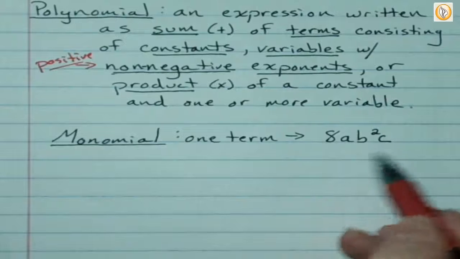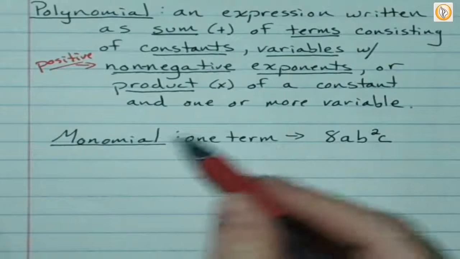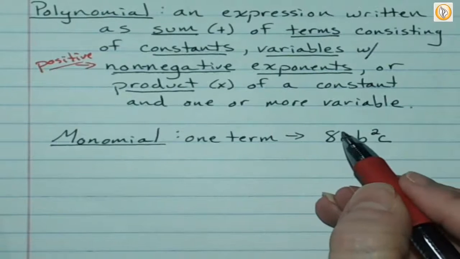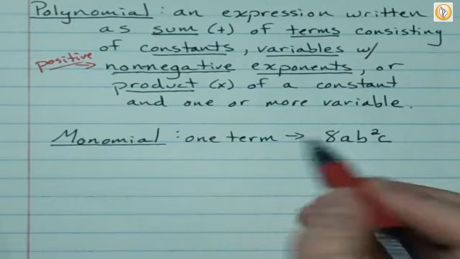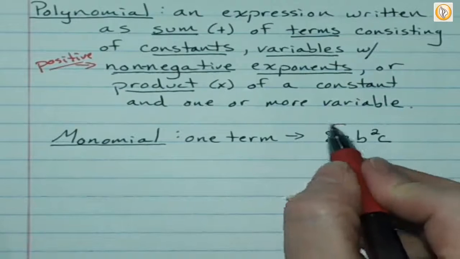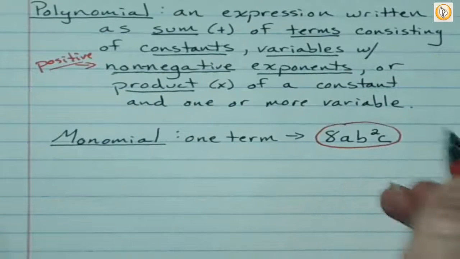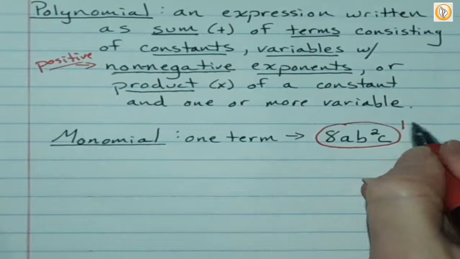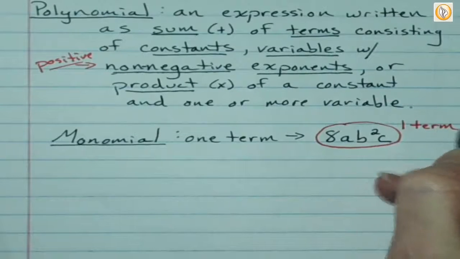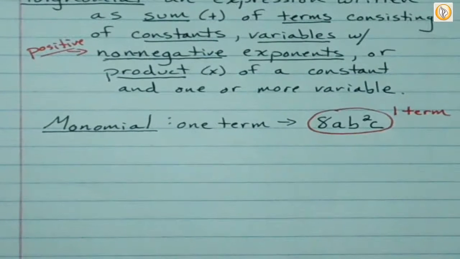So this is a polynomial, but it's called a monomial. It's a monomial polynomial because there's one term. This whole thing right here together is one term. So that group is called a term.